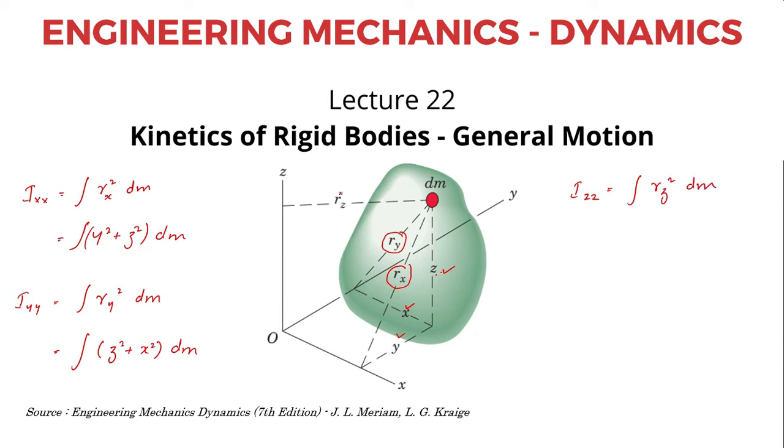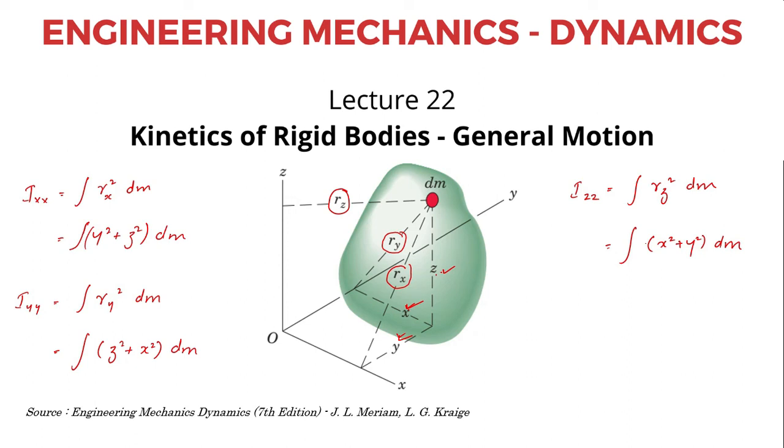So rz square here can be expressed in terms of x and y. So this will be equal to integral x square plus y square into dm. Okay, so these are the mass moments of inertia with respect to the three coordinate directions x, y and z.